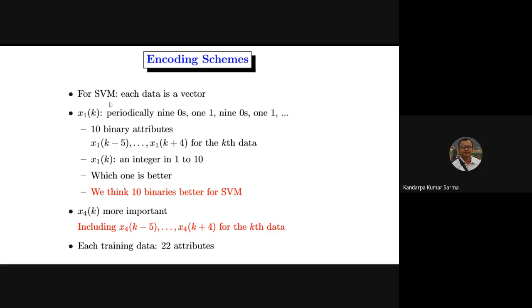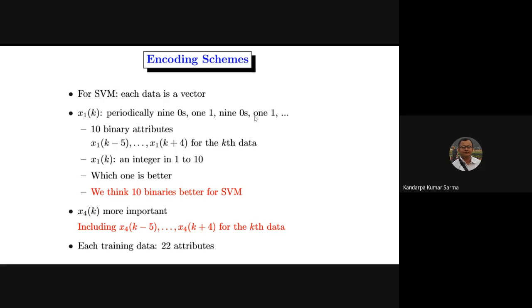So for the support vector classifier, we have each data as a vector. x_ik, periodically you can have nine zeros, one, then 1, then 9 zeros, then 1.